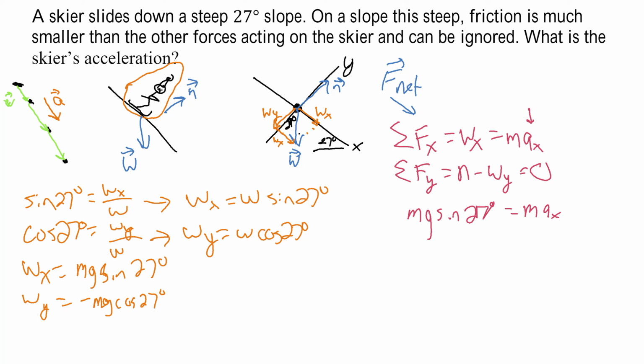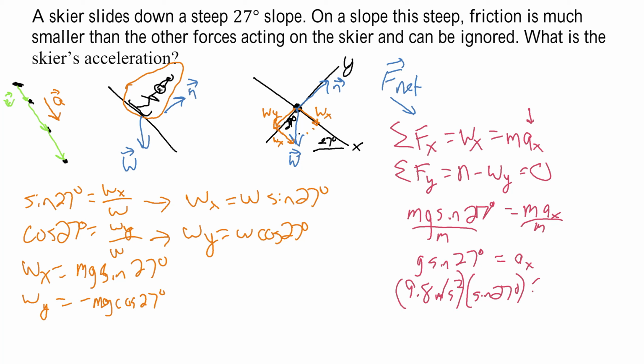Okay, now I can solve for a sub x by dividing both sides by m. And what happens? Now I have g sine 27 degrees, and g I know. G is 9.8 meters per second squared times sine 27 degrees. So I actually don't even need to do anything with the sum of the forces in the y direction.